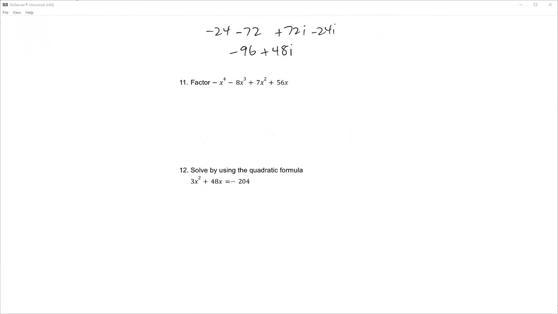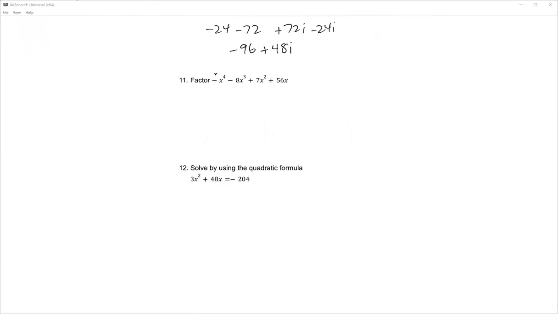All right, so this is grouping. I'm gonna quickly do this. It'll be -x cubed times x plus 8, add 7, and then this will be 7x times x plus 8. By doing that, I took out the GCF.